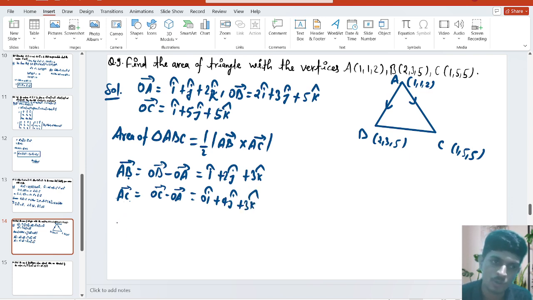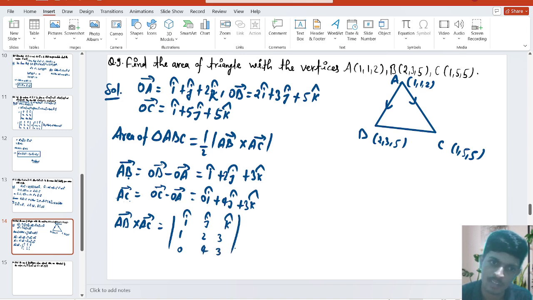Simplify it. So what is vector AB cross vector AC? Take i cap, j cap, k cap, and the components. Vector AB components are 1, 2, 3, and vector AC components are 0, 4, 3.